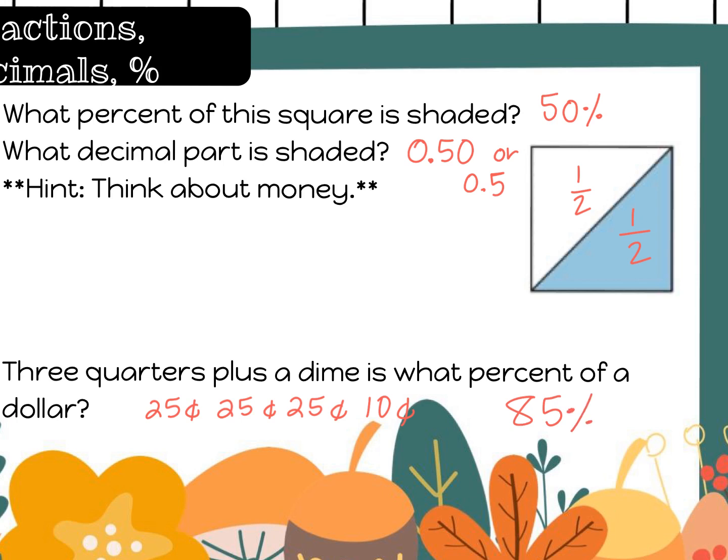Because 25 and 25 and 25 is 75. And 10, you just add the 1, and the 1 place doesn't change at all. It's always the 10th place that changes. Very good. So after you add the 3 25s to get 75 and you add the 10, you're getting 85. And then to make it into a percent, it's just out of 100 already, so it's 85%.